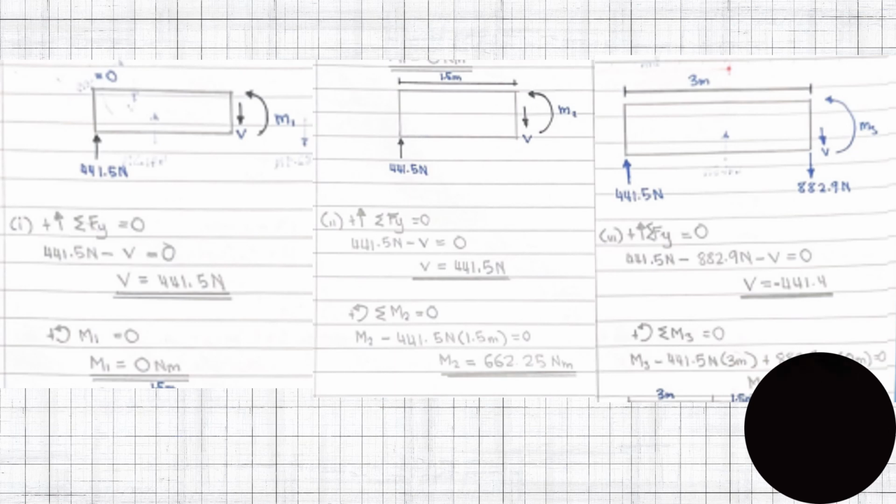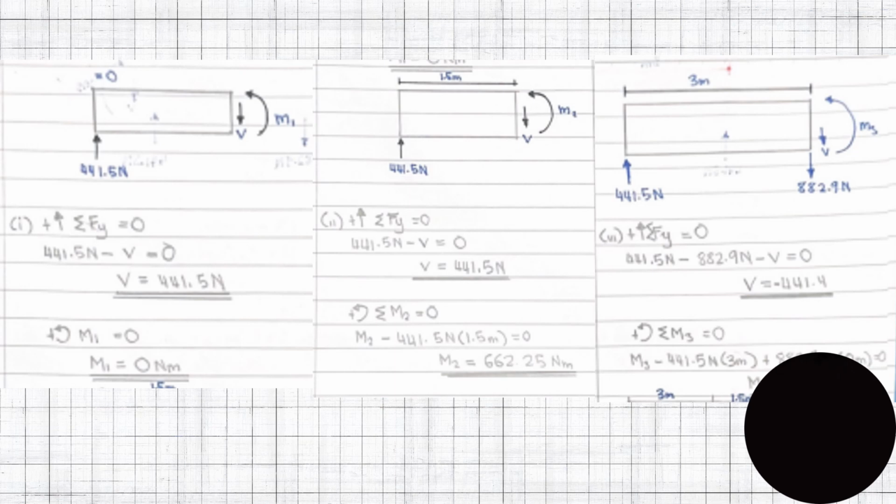For the next step, we choose Fy equal to 0 first, and 441.5 Newton minus V equals 0, which means V is equal to 441.5 Newton. For moment 2 equal to 0, M2 minus 441.5 Newton multiplied by 1.5 meter is equal to 0, which gives M2 equal to 662.25 Newton meter.